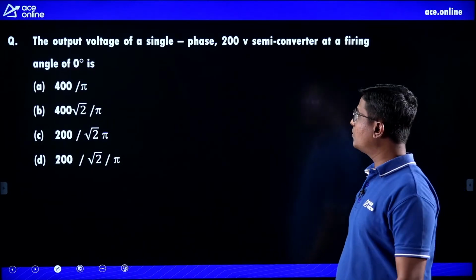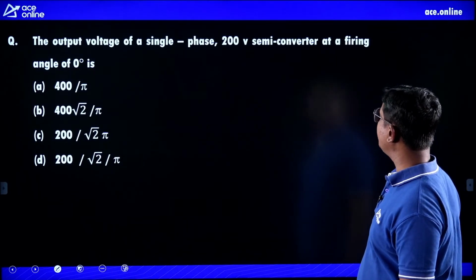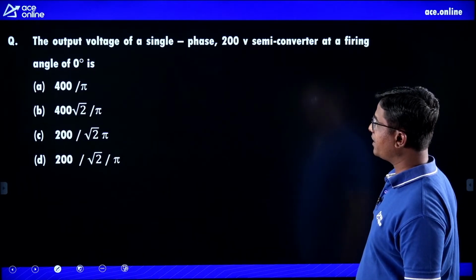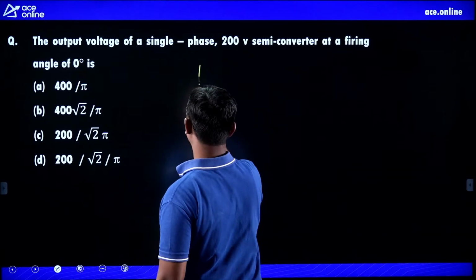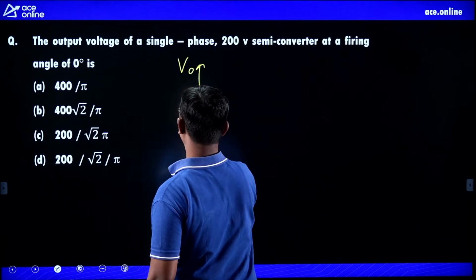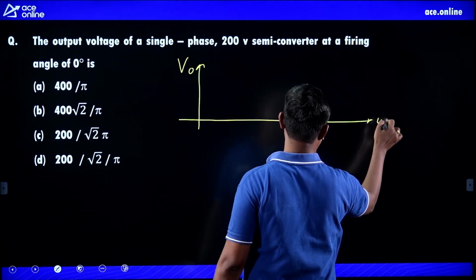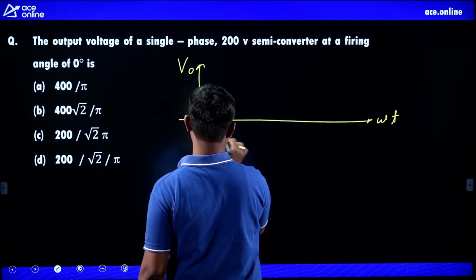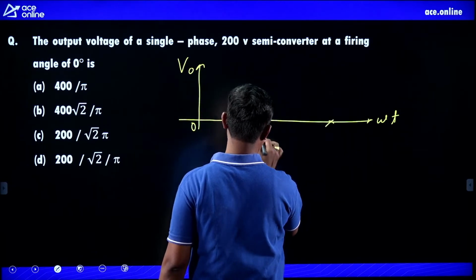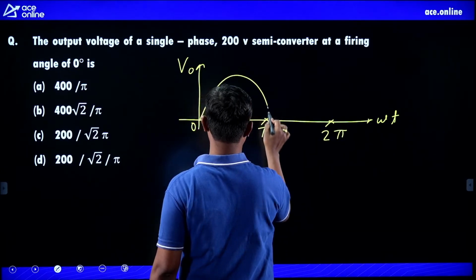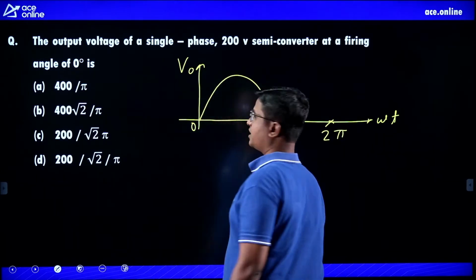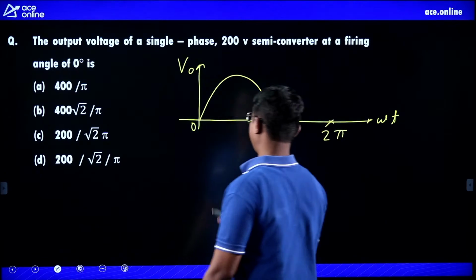Yeah, the output voltage of a single phase 200 volt semi converter at a firing angle of 0 degree is. Semi converter, how is the output voltage waveform? Yes, semi converter, this is the output voltage waveform for semi converter. So what is V0 average?